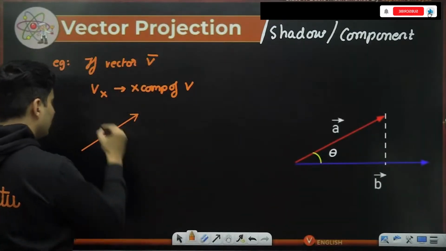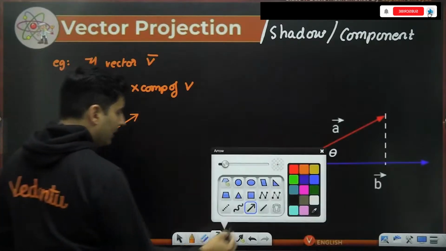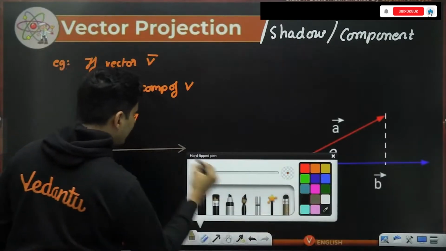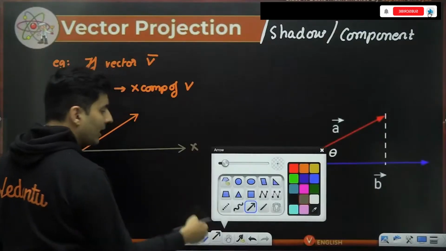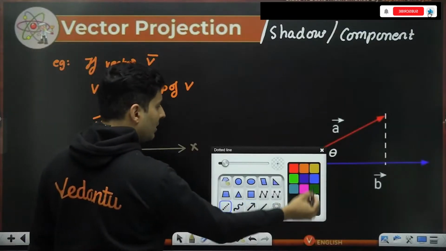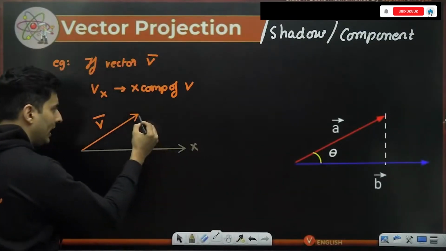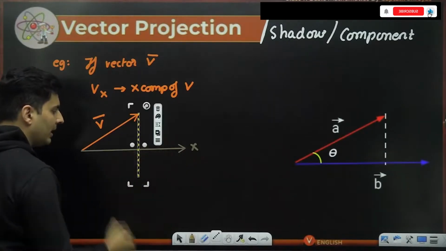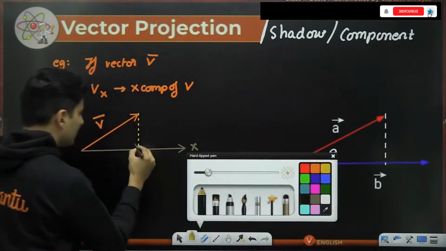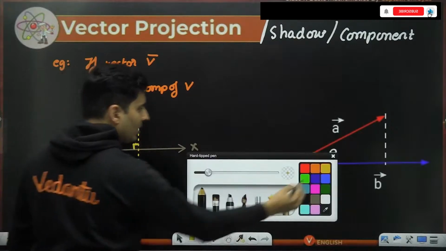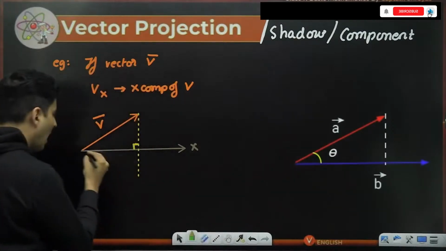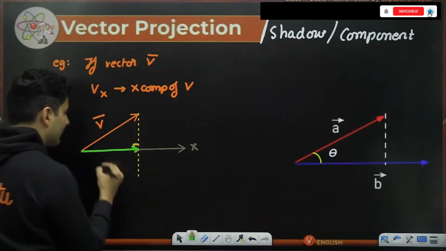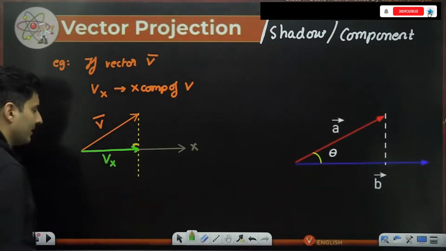It means that I have a vector v, and then you have some line which you have called the x-axis. You take the shadow or the projection, meaning you draw a line perpendicular to the x-axis, and then you measure how much of vector v is there along x. That is your vx.